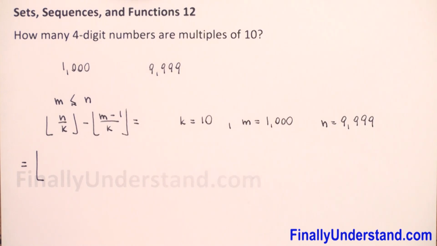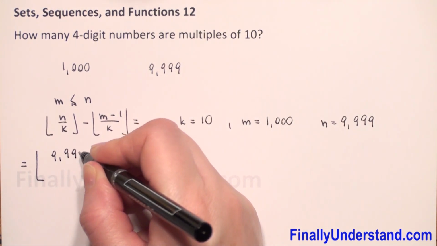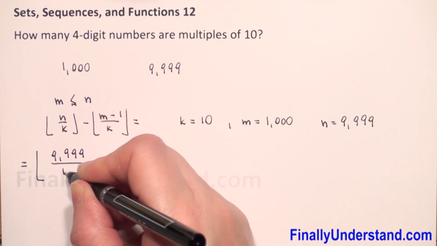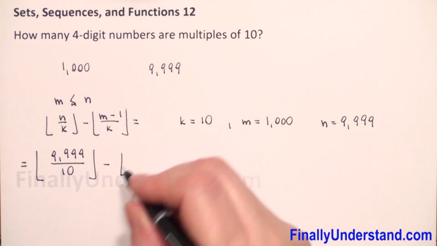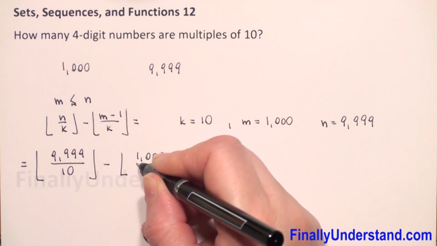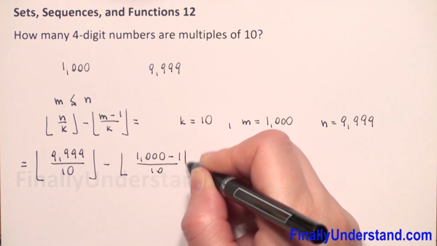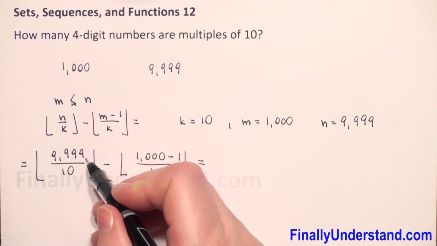So now we plug into this formula. We have the floor of 9999 over 10 minus the floor of (1000 minus 1) over 10. When we divide by 10, we have to move to the left.